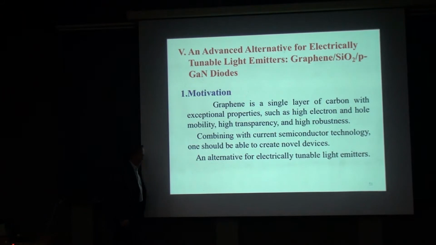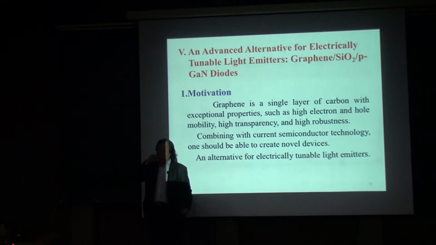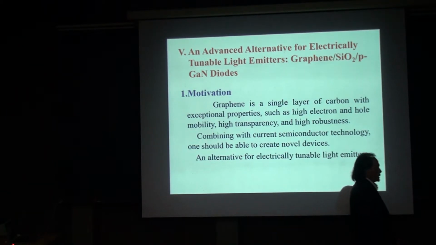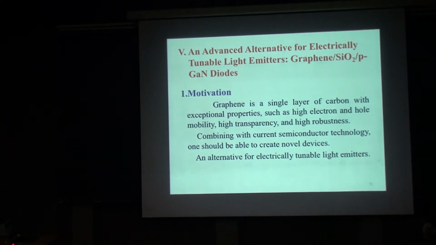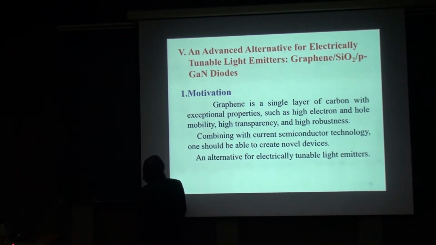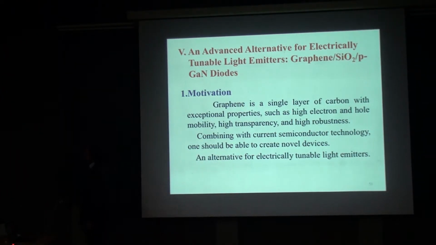The final one I will talk about is the integration of graphene and a semiconductor to produce a new light emitting device. This new light emitting device is very different from the conventional one, which is based on a PN junction. Here we don't need a PN junction.